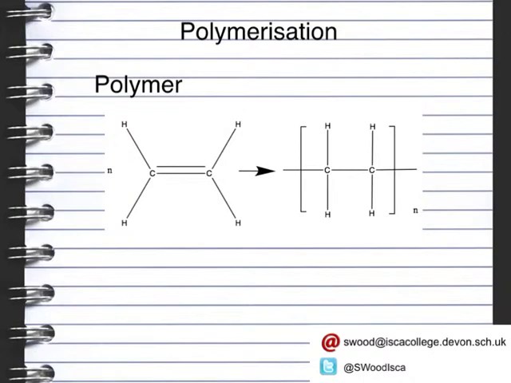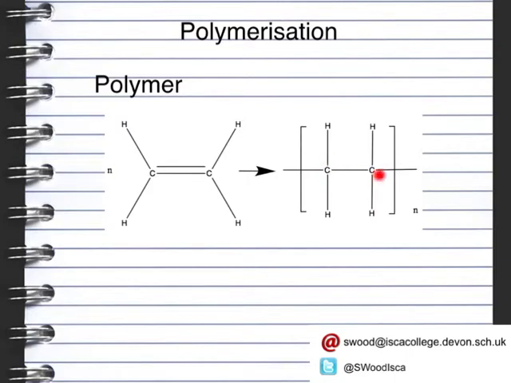Now on the screen here we have a polymer of polyethene. So we've got an ethene molecule here. The n that we've got here means that we have many millions and millions of those ethene molecules. They can react and they will form a polymer here. You can see here this is just a section of the polymer. We've got this square bracket to show the monomer that it was formed from.